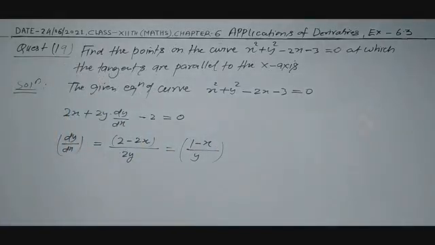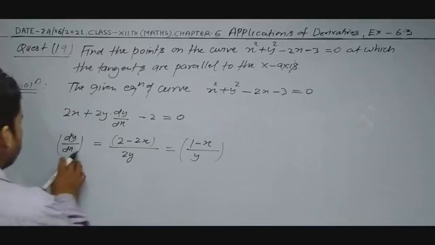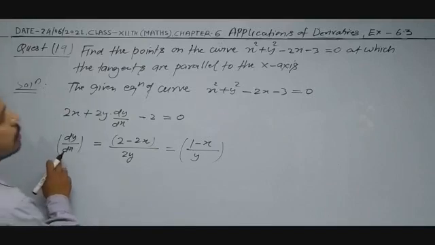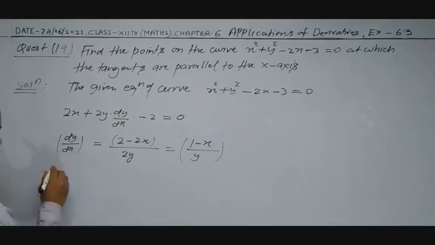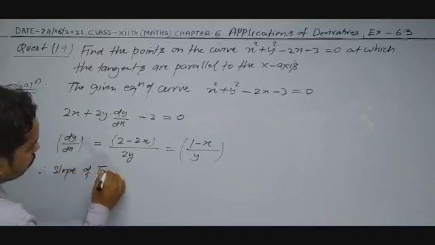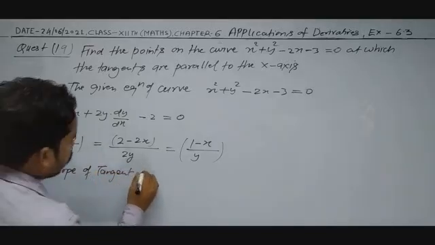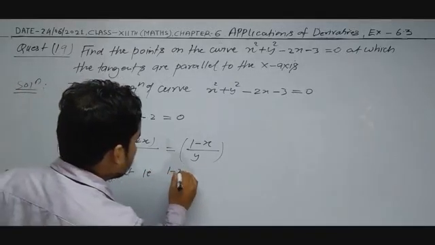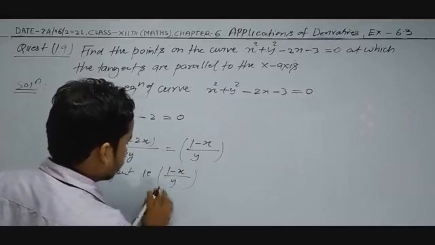And you know, this is the slope of the tangents. Therefore, the slope of tangent is (1 minus x) upon y.